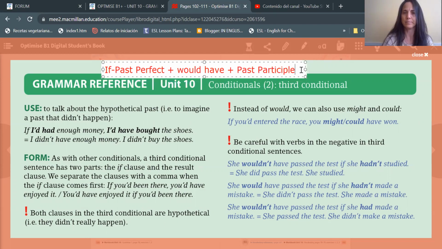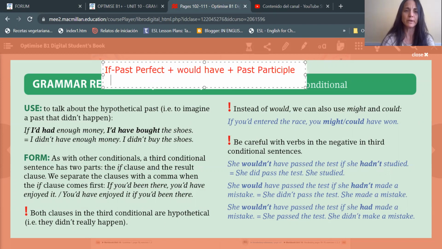Okay? Remember that past perfect is had plus the past participle. All right? So with these two structures, we're going to be referring to the past.